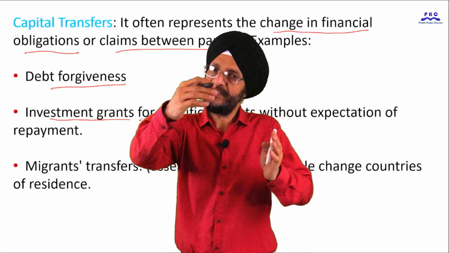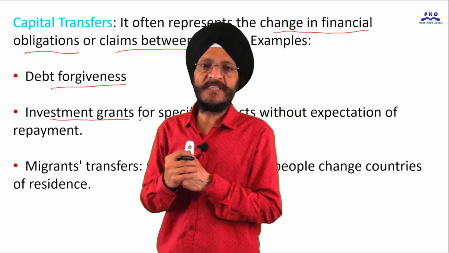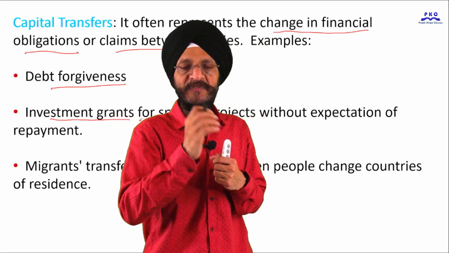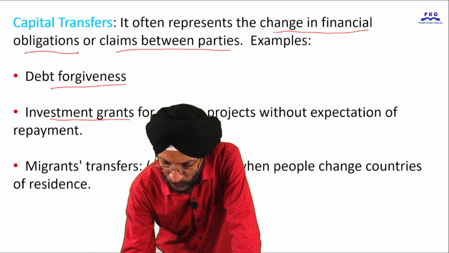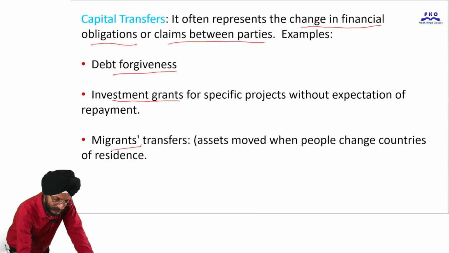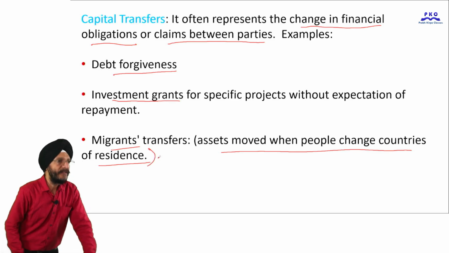There is no expectation that it will receive the grant back. So all these investment grants which are given by a country to other countries for specific projects are recorded in the capital account. Then the assets which are moved when people change countries of residence are also recorded in capital account.